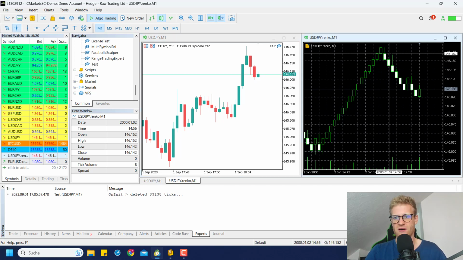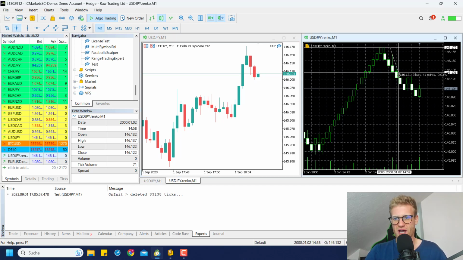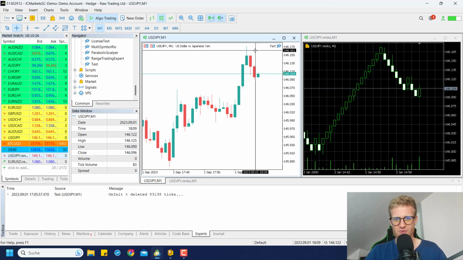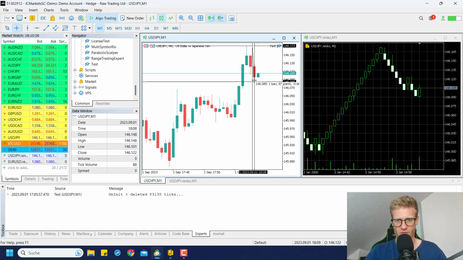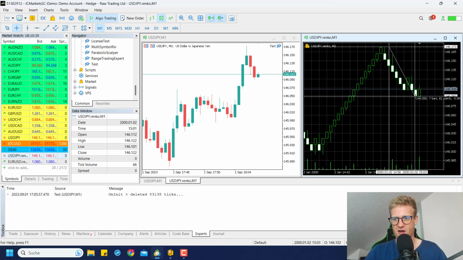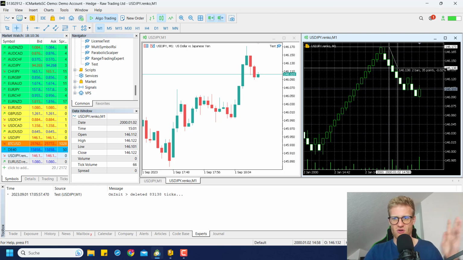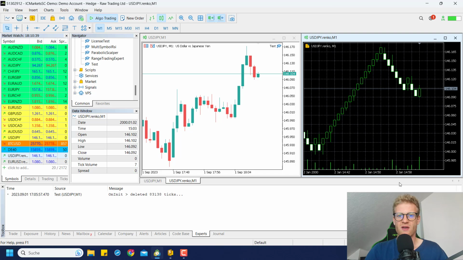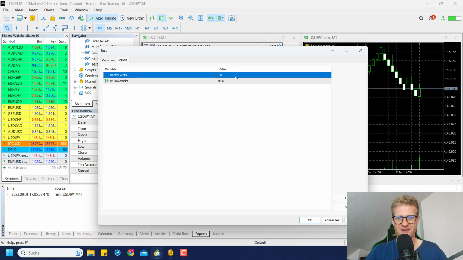In the Renko chart, we have to go from the very top, of course, so this should be around 70 or 80 points, and this is what we can also see in the Renko chart. These are 70 or 80 points, depending on where you start the calculation. You can see there are, of course, more bars in the Renko chart compared to the normal chart. But this is based on the input of 10 Renko points.